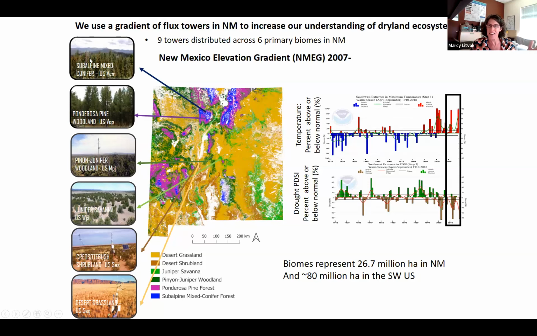So I inherited these. I walked right into them. Then I had money in my startup to set up a new tower, and I was able to write a new grant. So I thought a long time about the best place to put other towers, and what I came up with is adding these middle elevation sites so that I would have the elevation gradient and could ask questions about that.